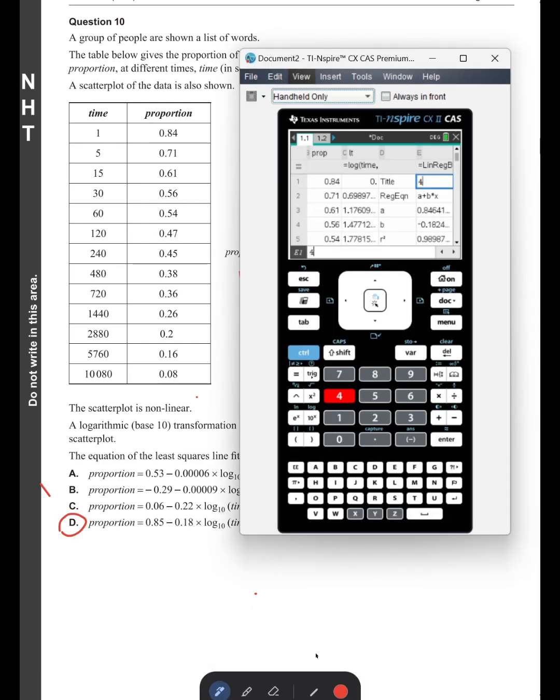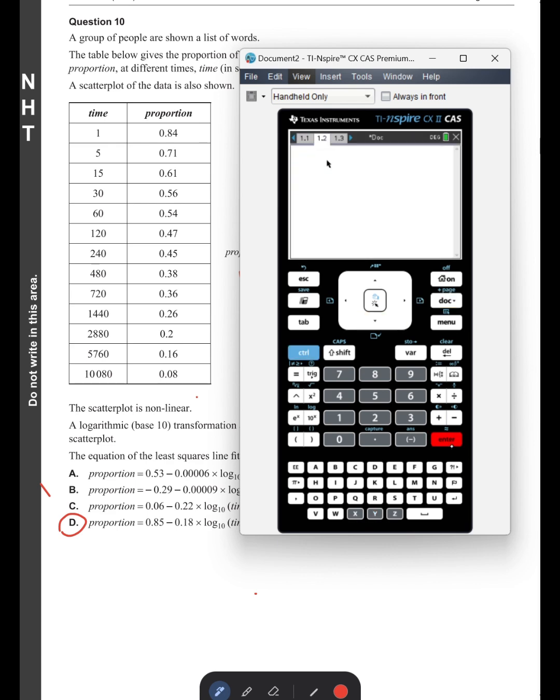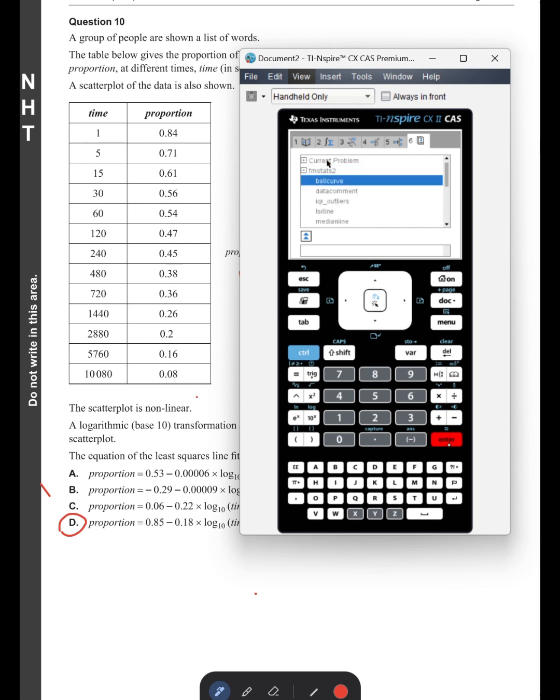But if you're not sure on that process, I'm going to show you another way to do it. I just might lose the data there, that's okay. So up here, I'm going to change that to be called X and that to be called Y. And then in our calculator, we can use FM stats. So FM stats, it is transformations.